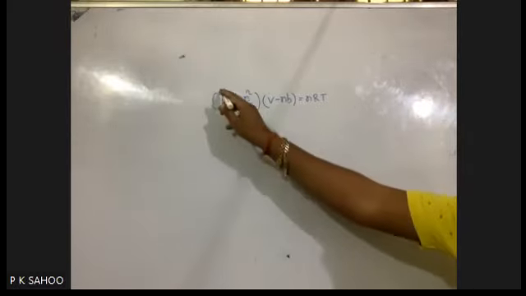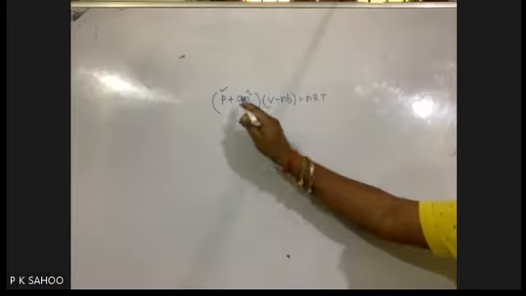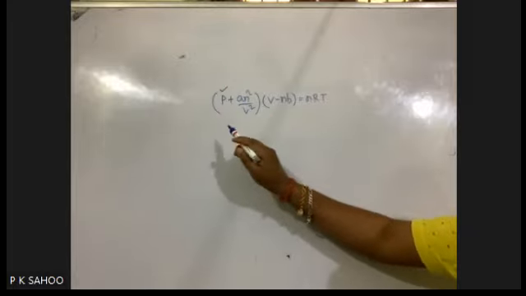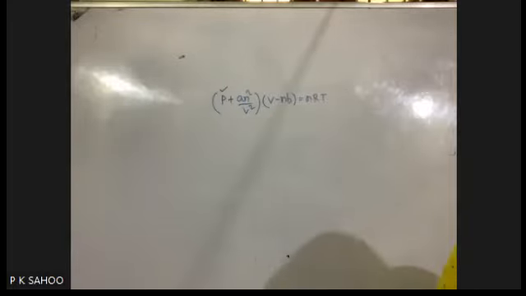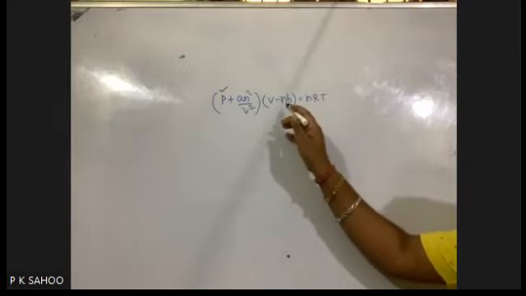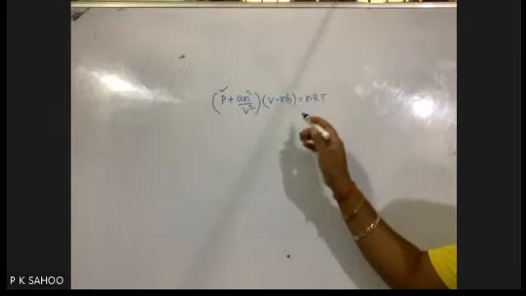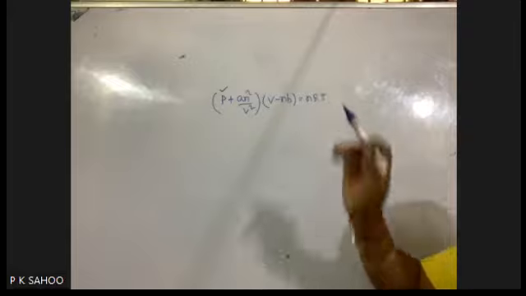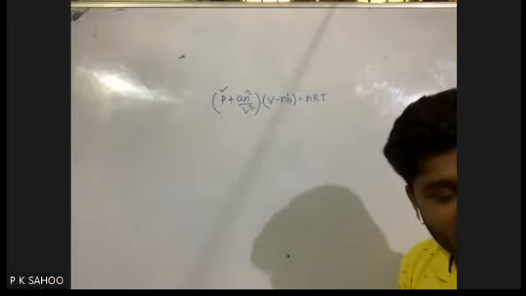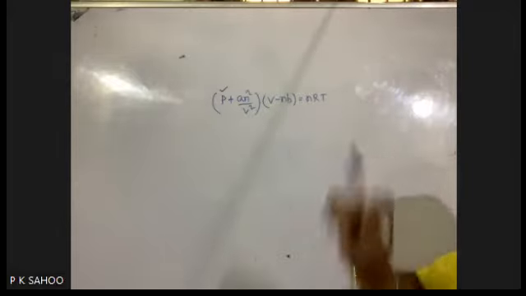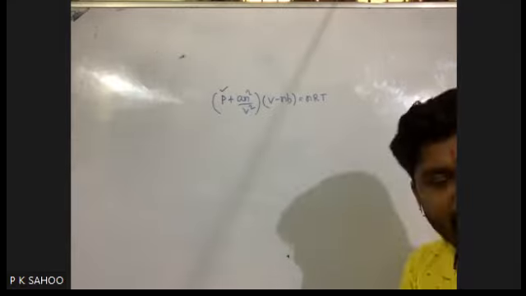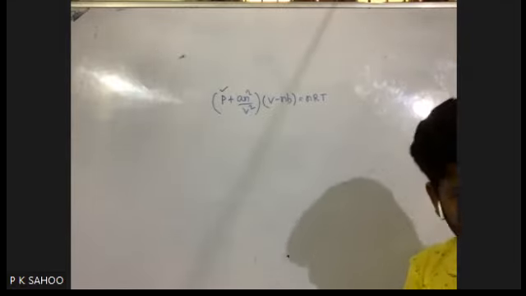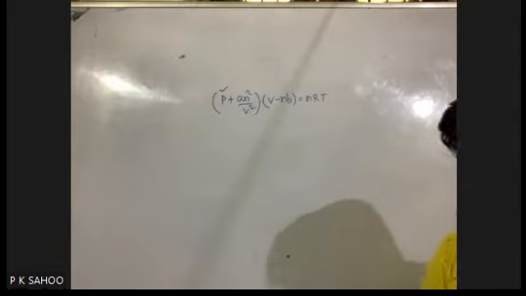P is pressure, A is a constant, n is number of moles, V is volume, B is a constant, R is the gas constant, T is temperature. All are related to gas: pressure, volume, temperature, number of moles.